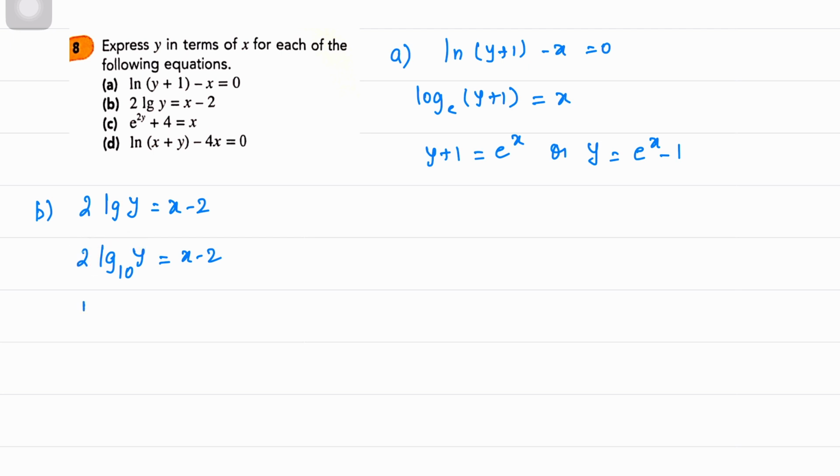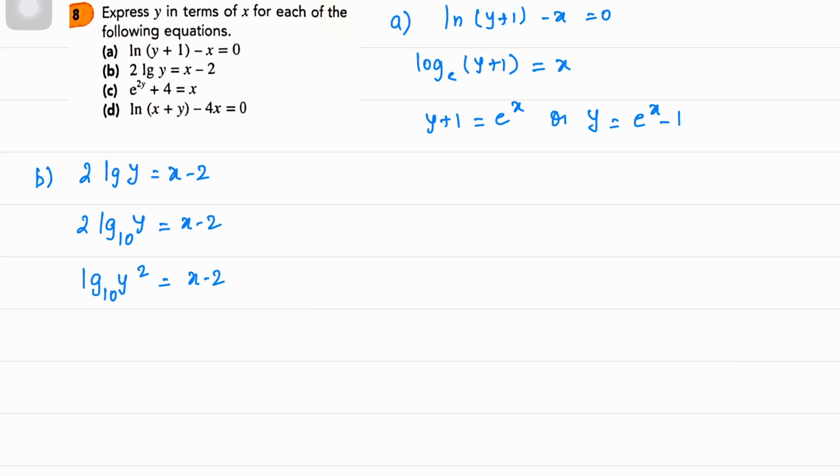So log base 10 of y squared equals x minus 2, and therefore y squared equals 10 raised to x minus 2, and therefore y equals 10 raised to x minus 2, with this raised to half because we are taking the square root, and this can be simplified as 10 raised to x over 2 minus 2 over 2 is 1, and we can write this as x over 2 minus 1. Okay, this is B.